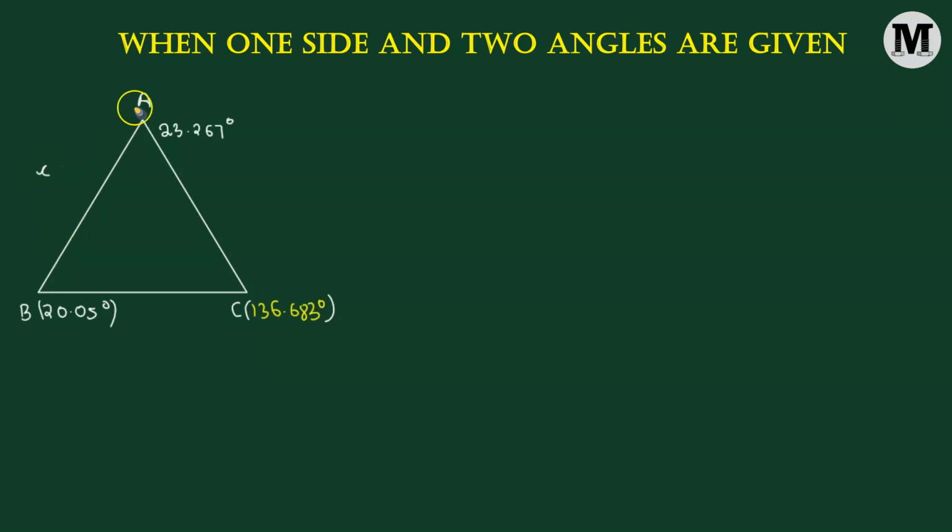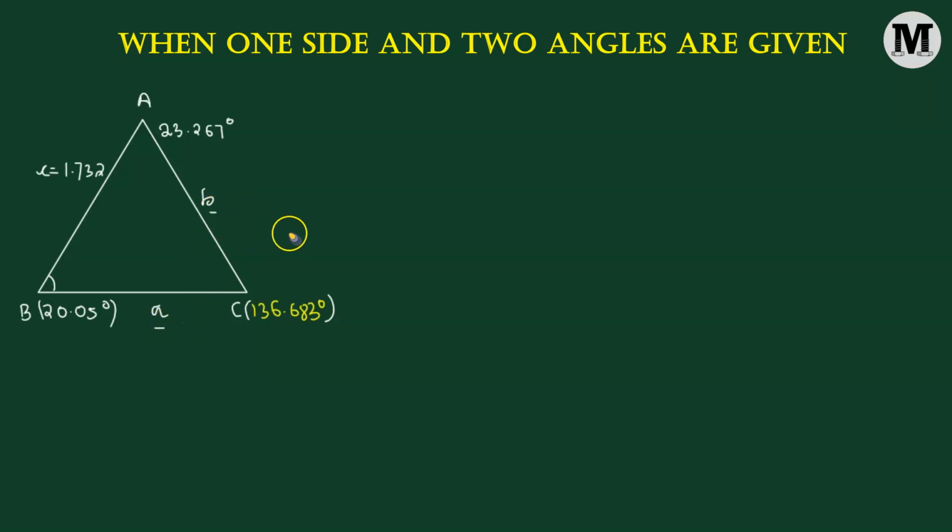The side opposite to angle A, which is BC, we denote by lowercase a, and the third side AC, opposite to angle B, we denote by lowercase b. Our next task is to find the side measures of a and b.